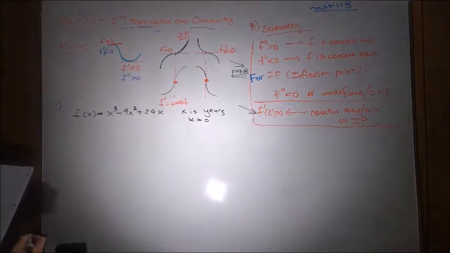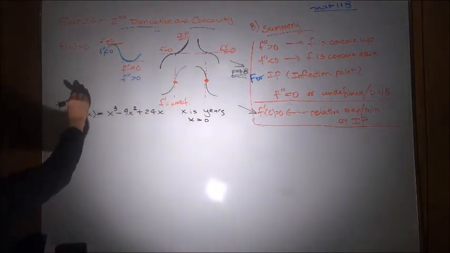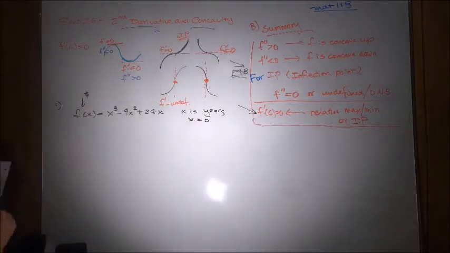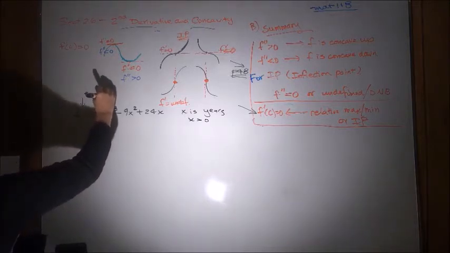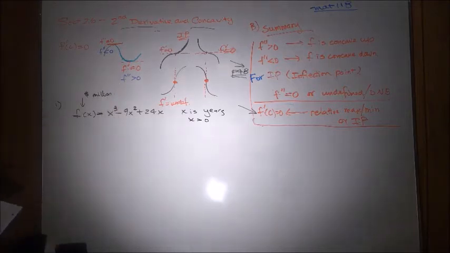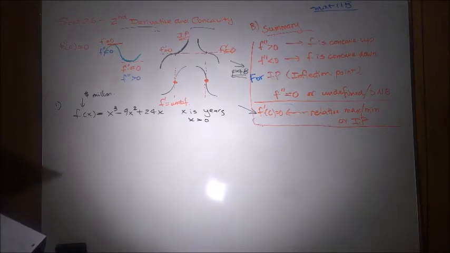Then f of X is what? Dollars, right? For millions of dollars. Okay, counted by million. So, let's see what it means. Graph this function showing all relative extreme points and inflection points.